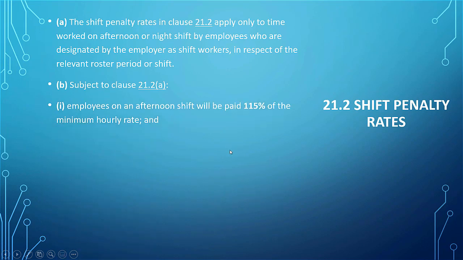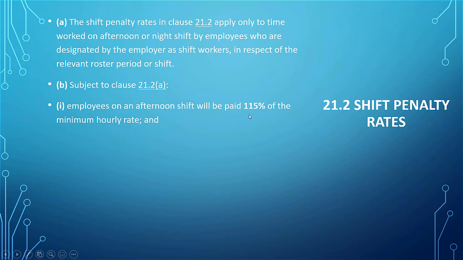Now, employees on an afternoon shift will be paid 115% of the minimum hourly rate. And the minimum hourly rate is basically the base rate, and if you are a casual, the casual rate.